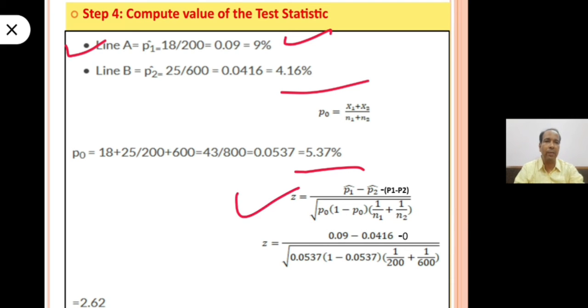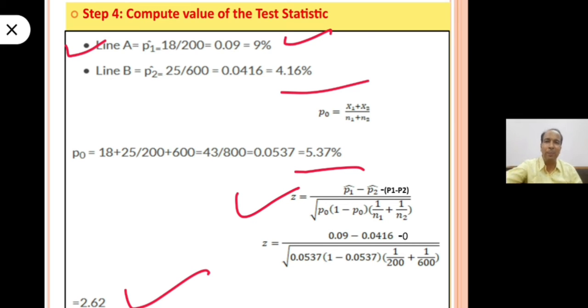When we put the values, this results in 2.62. So here we find that the value of the Z statistic is 2.62. Now the calculated value of Z is 2.62.